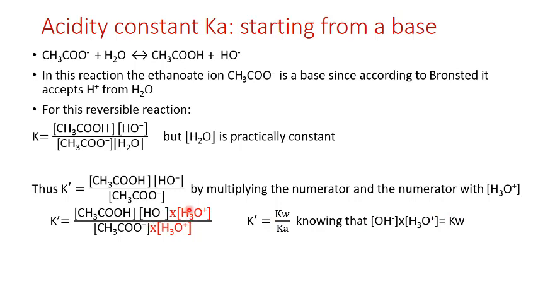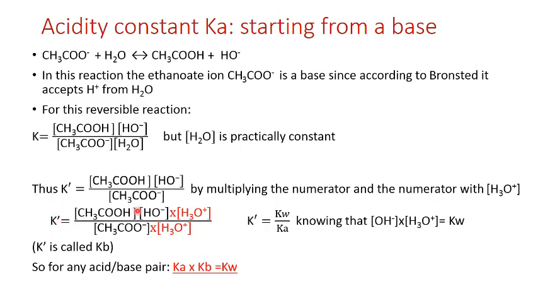So this value can be replaced simply by Kw. And look at this, it is actually the inverse of the Ka seen in the previous slide. So simply K prime, which is called Kb, is equal to this. It means we can say Ka times Kb is Kw. This is Kb, can you see?